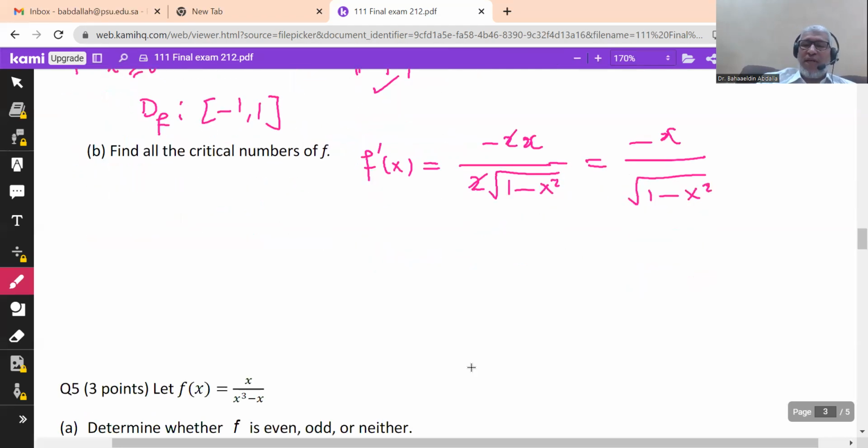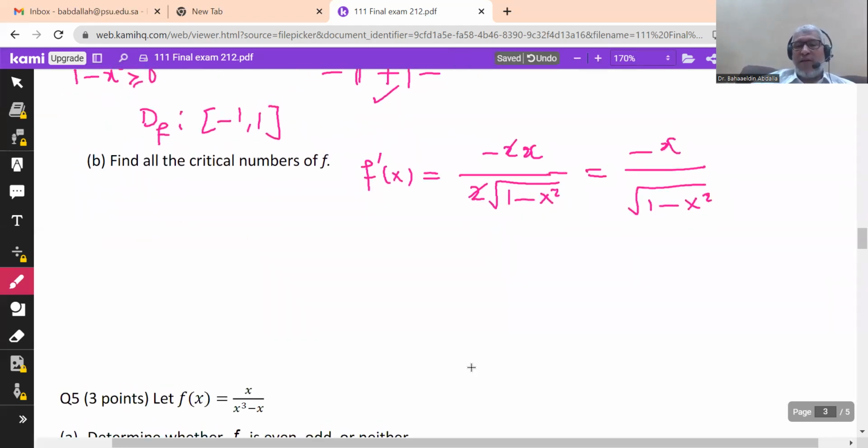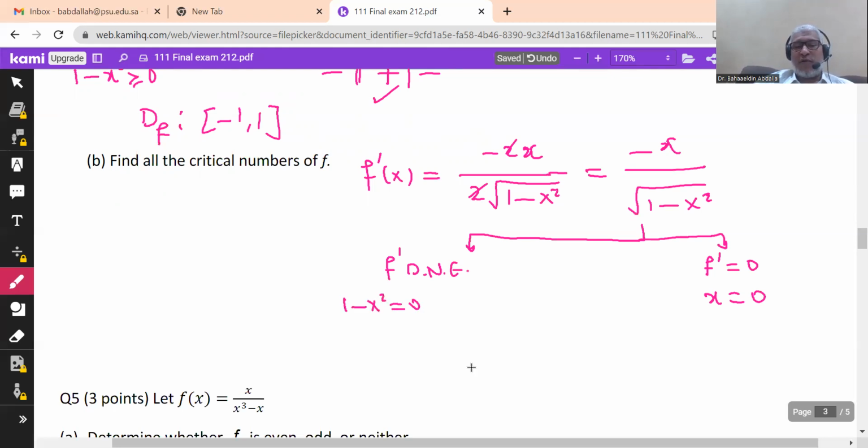Now to find the critical numbers, either the derivative is 0 or the derivative does not exist. The derivative would be 0 when x is 0, when the numerator is 0. The derivative does not exist when 1 minus x squared equals 0, so when x is plus or minus 1.